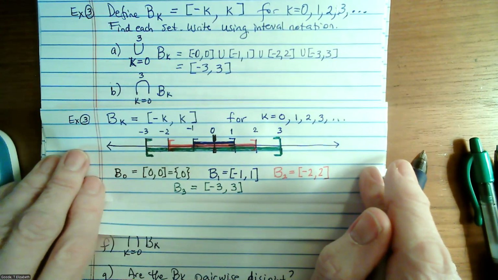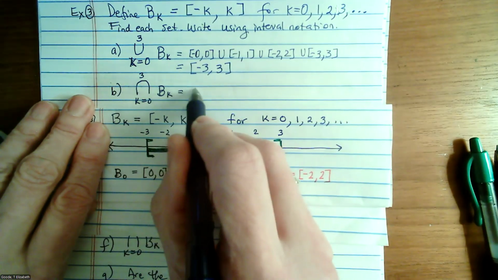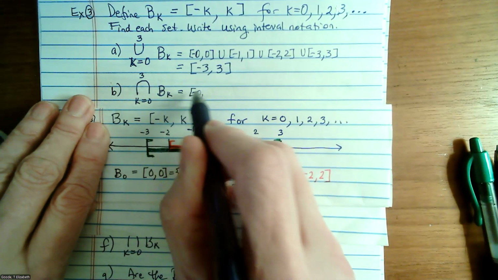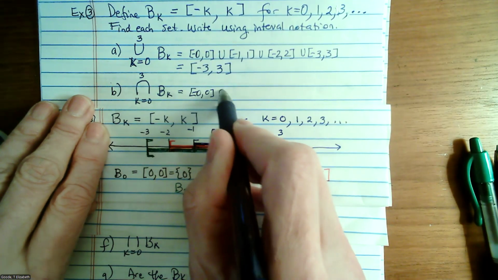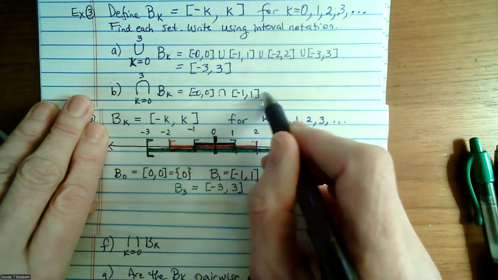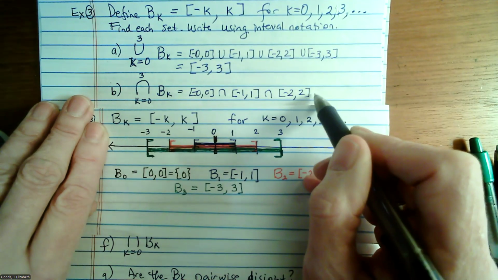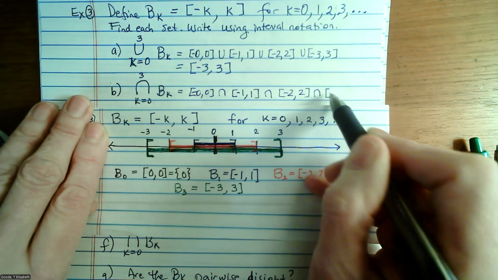What about the intersection from K equals 0 to 3? So now we're trying to find elements that are common to all of these. Any element in this intersection has to be in every single one of these.